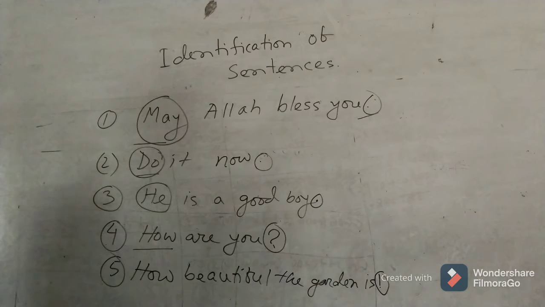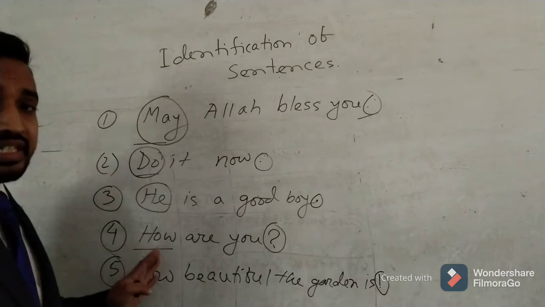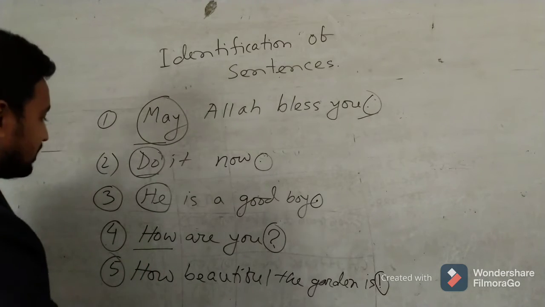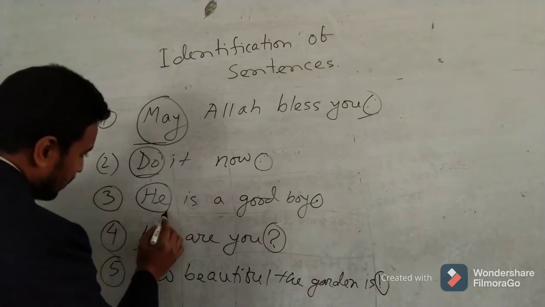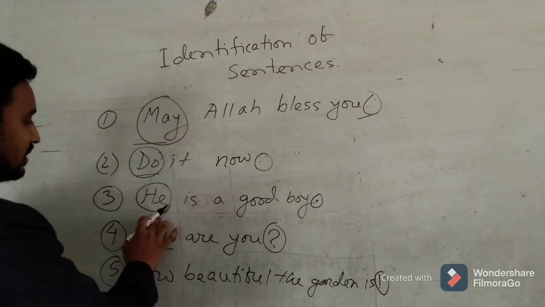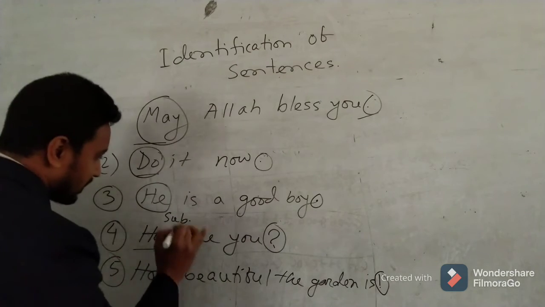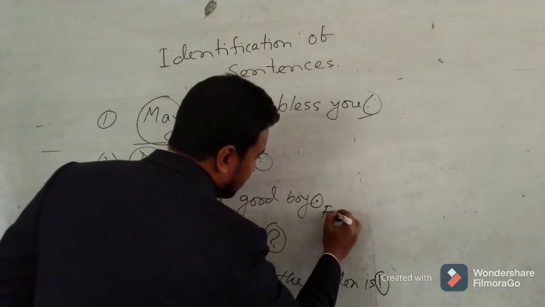So let me start with the assertive sentence. If you see any sentence that begins with a subject, at the beginning we get a subject and at the end a full stop.